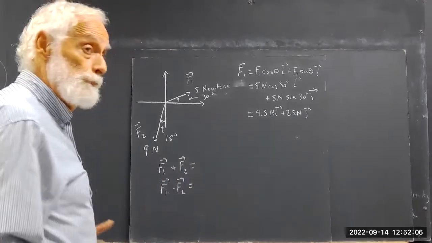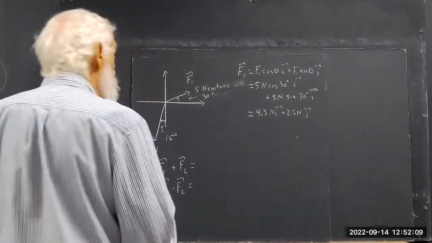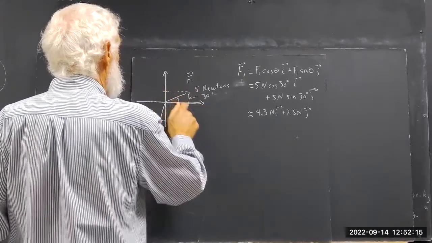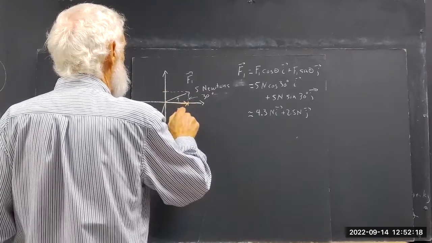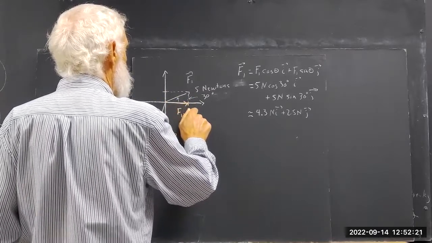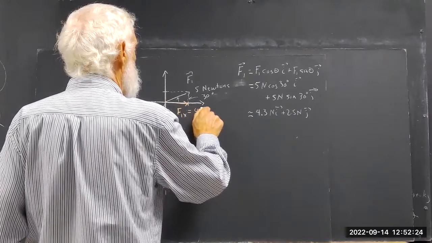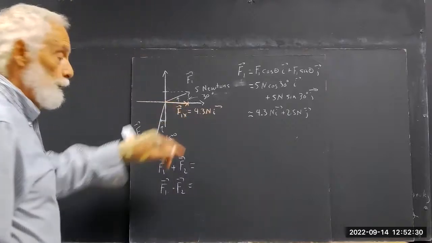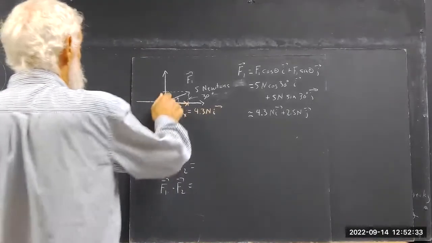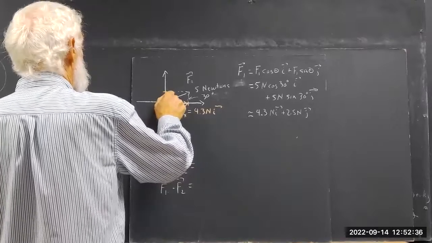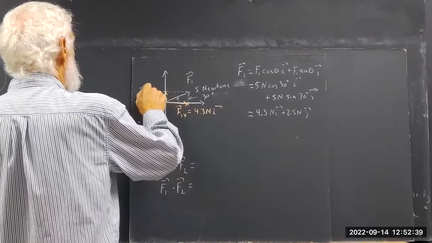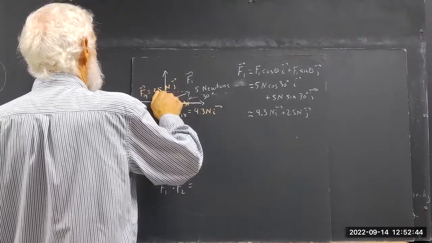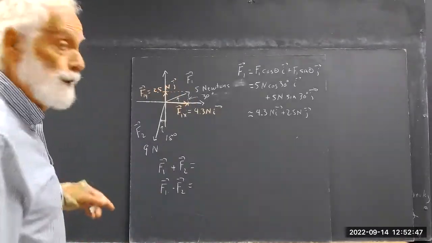Now, what does that mean? That means that F1x is 4.3 newtons times i, and F1y is 2.5 newtons times j.